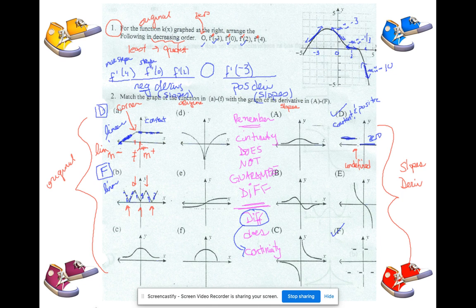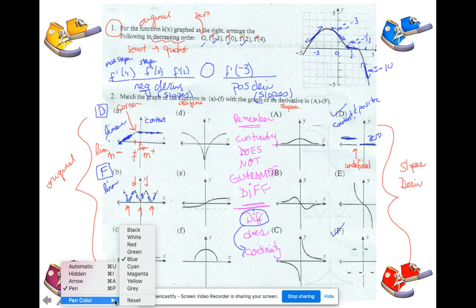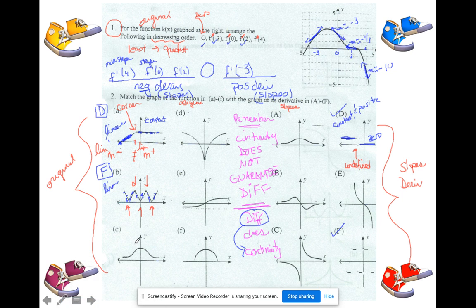Everywhere my original function is not differentiable, my derivative graph is broken. Derivative broken means original might also be broken, but it is either broken or not differentiable.